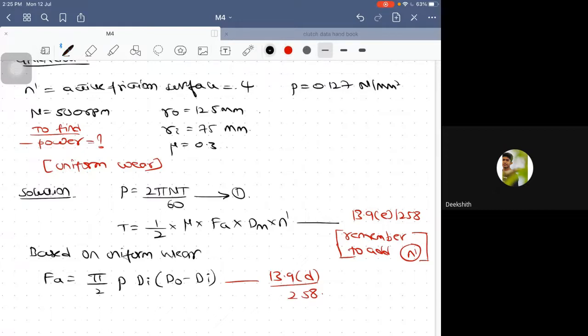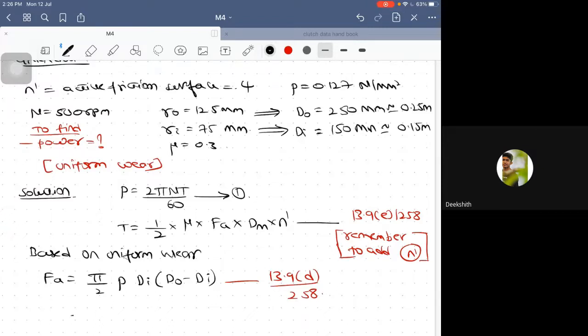Can I convert it into diameters? D0, 125 in the sense, can I take it as 250 mm, approximately 0.25 meters. Similarly, di is 75 in the sense it is 150 mm, in meters 0.15 meters. Whichever units are required, you can take as such.